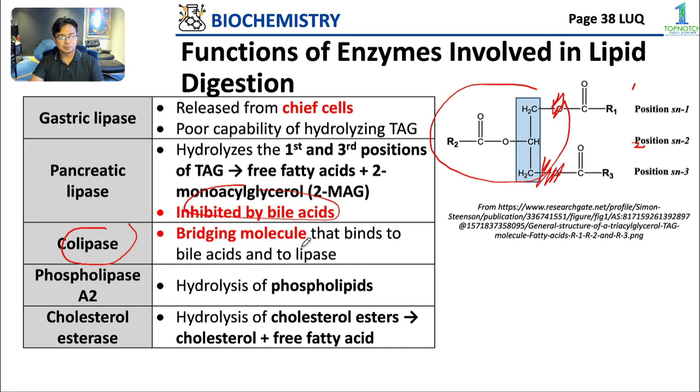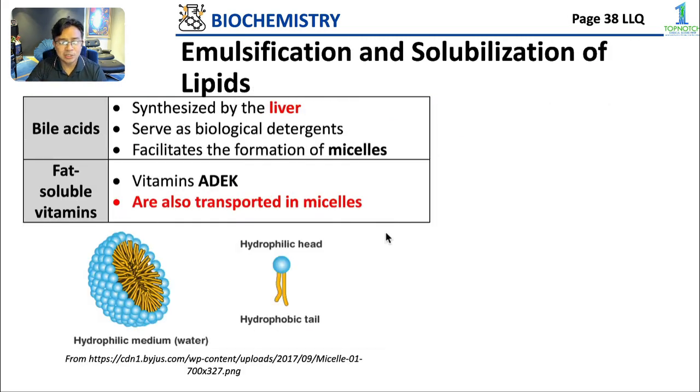lipase to happen. Now, other enzymes involved include phospholipase A2 to hydrolyze your phospholipids and cholesterol esterase to hydrolyze cholesterol esters into cholesterol and free fatty acid. Now, to emulsify lipids, bile acids are required.